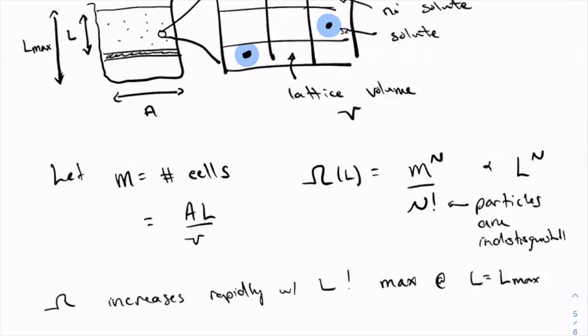The largest number of microstates for distributing those N solutes occurs when I push that plug all the way to the bottom of the beaker.